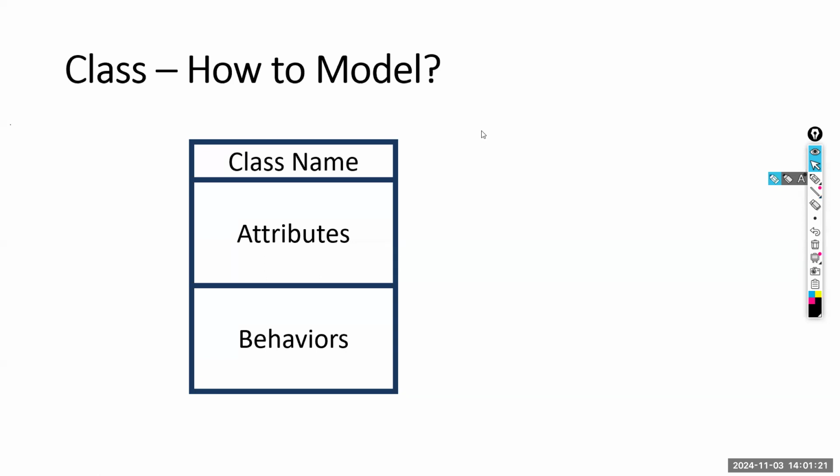Still, I have not given you the definition of class. An object is anything that we are interested in, like student object, account object, employee object, payment object, order object, vehicle object. An object is anything that we are interested in related to our system or functionalities.